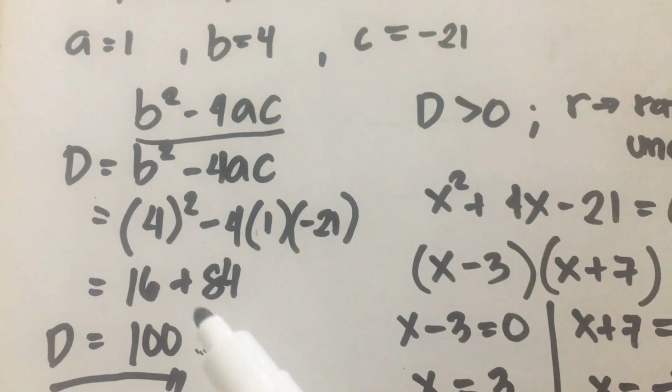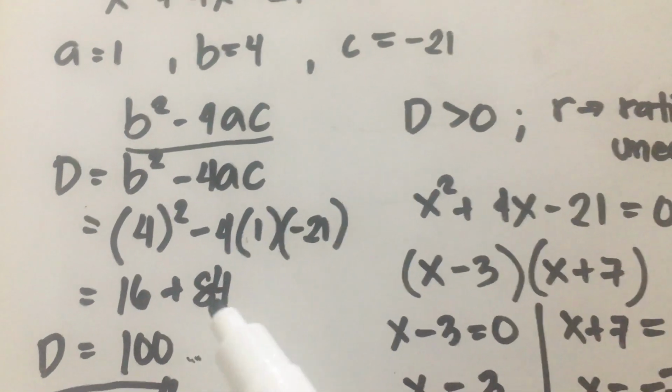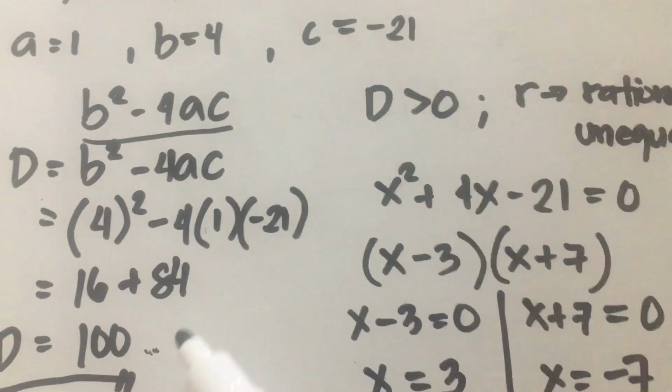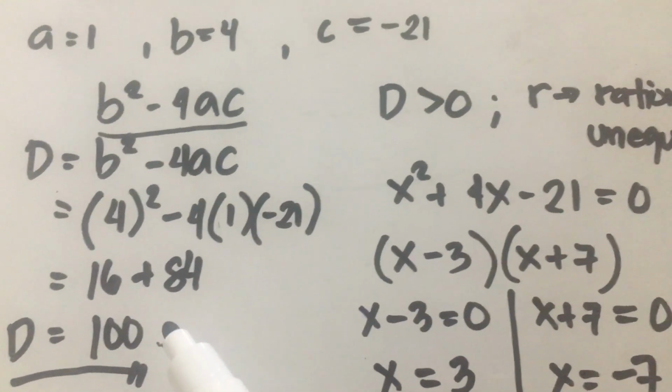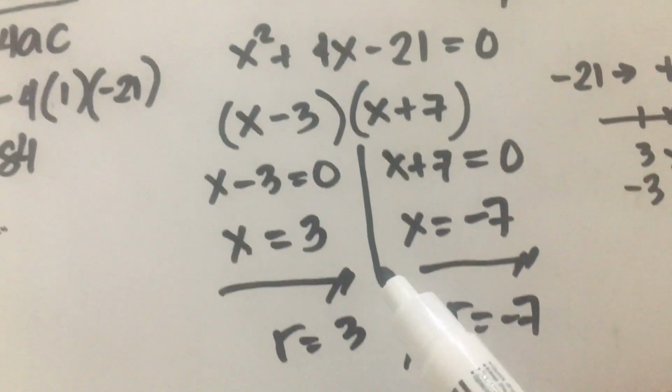Now the discriminant is very important because we can identify directly through the discriminant what will be your possible roots.